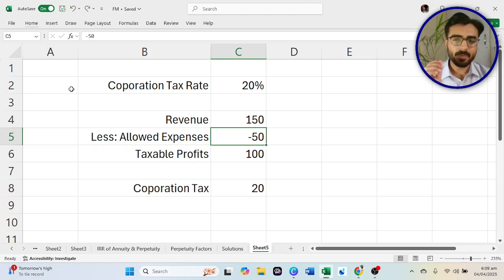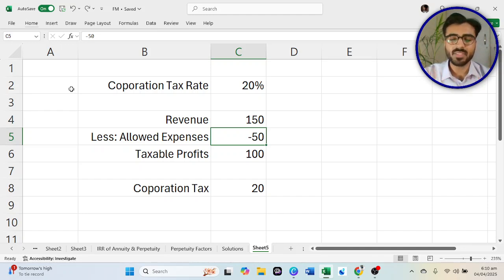So the businesses, the government, the taxation authority, what does it do? It does one thing. The government facilitates new investments in new projects. Why? Because of course, if the businesses are investing in new projects, it is going to be better for the economy.